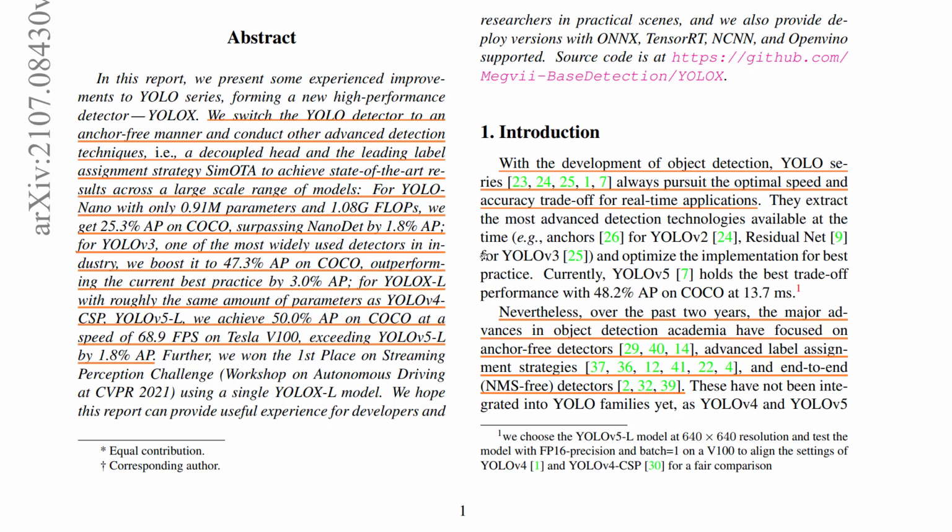While for a larger model like YOLOX-L, with roughly the same amount of parameters as YOLOv4-CSP and YOLOv5-L, an achievement of 50% average precision on the COCO dataset at a speed of 68.9 frames per second on Tesla V100 is gotten, exceeding YOLOv5-L by 1.8% average precision.